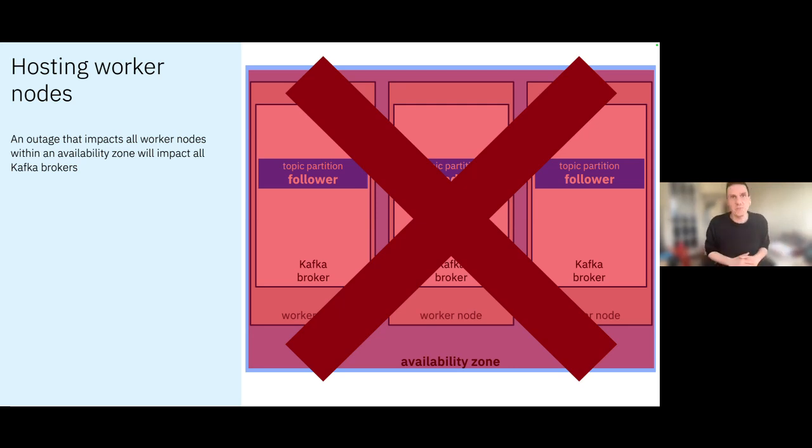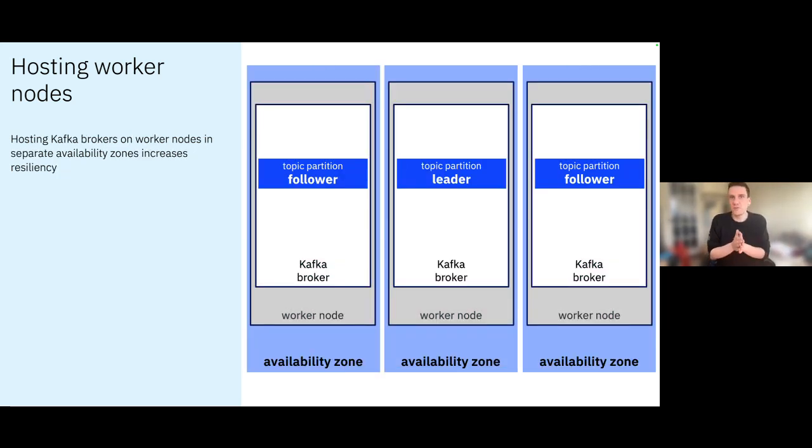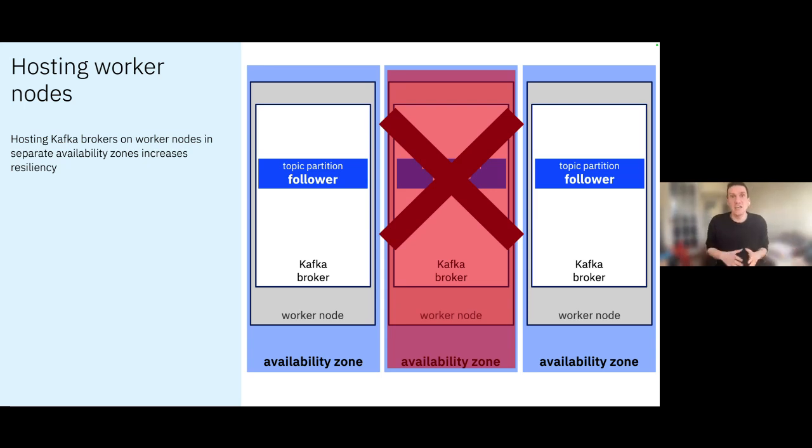So the next step up is to make sure you distribute your worker nodes into separate availability zones, which can be done with Kubernetes. You can make sure that you host your worker nodes, you distribute them across availability zones. And what this means is if you lose a whole AZ, you can still have your remaining replicas, your applications can switch over to them seamlessly, your service is resilient again.